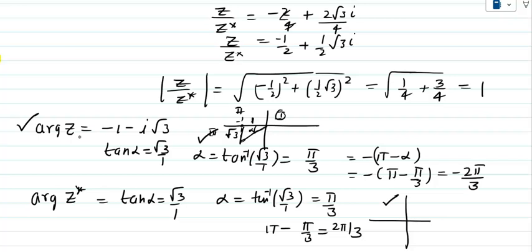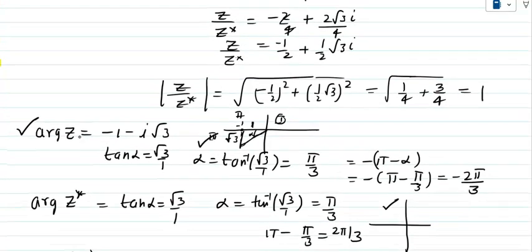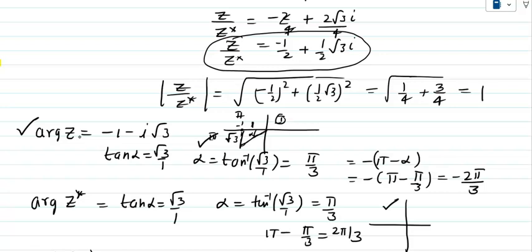And the last one is the argument of z over z conjugate. So for z over z conjugate, we got minus 1 by 2 plus 1 by 2 root 3 i. So this should be minus 1 by 2, and positive 1 by 2 root 3. So we will be in the second quadrant, right?